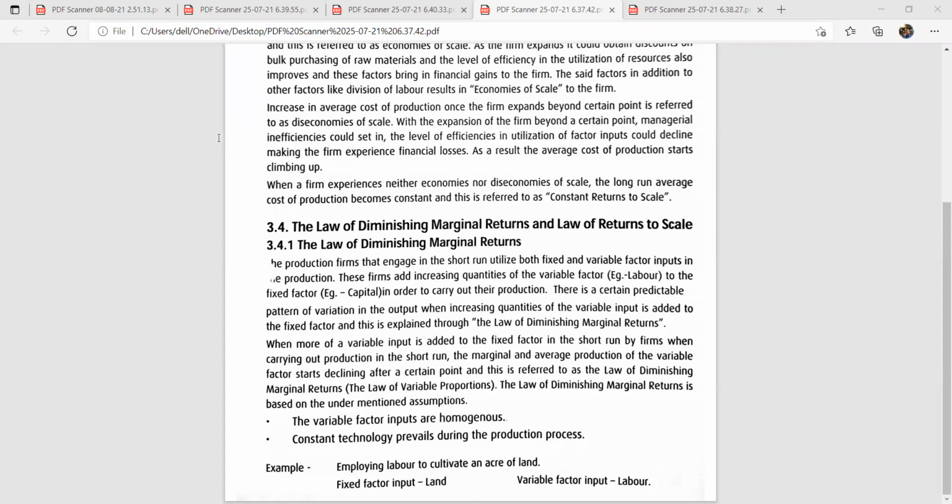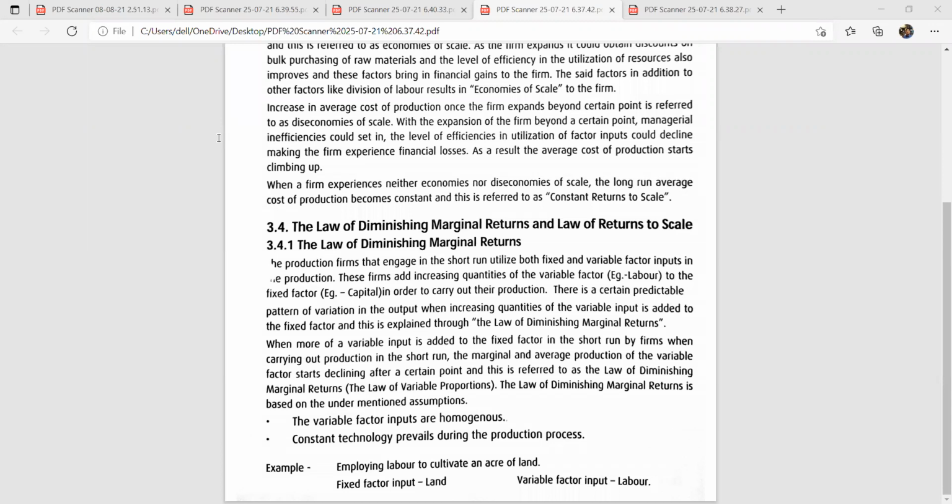When more of a variable input is added to a fixed factor in the short run by firms carrying out production, the marginal and average production of the variable factor starts to decline after a certain point. This is referred to as the law of diminishing marginal returns.